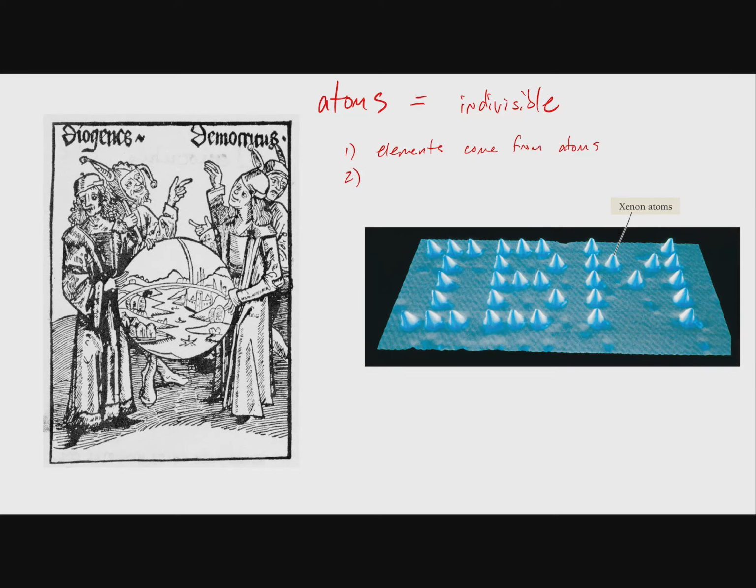The second part of his atomic theory is that all atoms of a given element have the same mass and other properties that distinguish them from other elements. So atoms of a type of element are all the same.